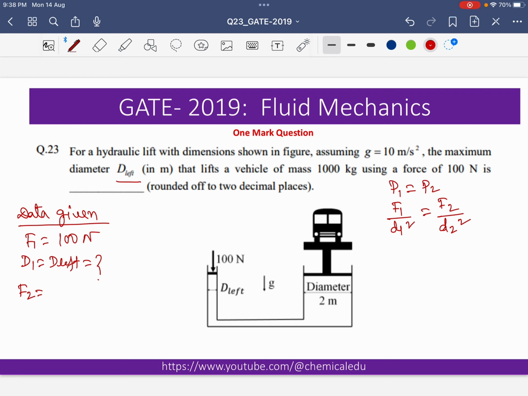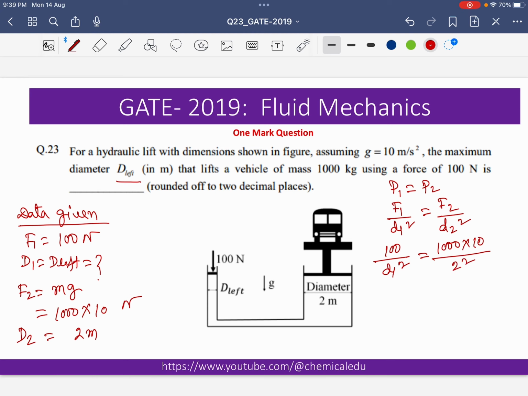Force is mass into acceleration, so F2 is 1000 into g, which is 10 Newton, and D2 is given as 2 meter. Now we can put that here: F1 is 100 by D1 square, and F2 is 1000 into 10 by D2, where D2 is 2 square.